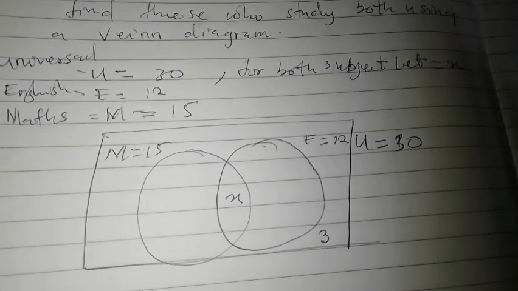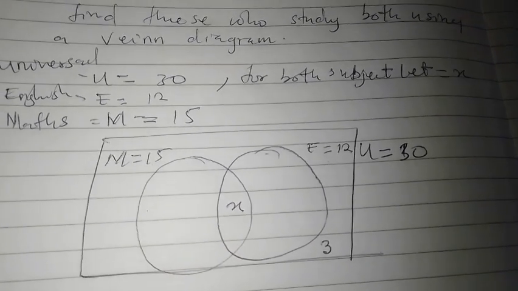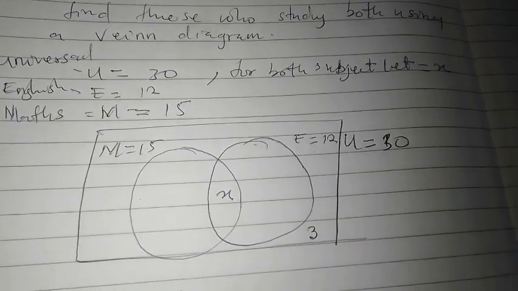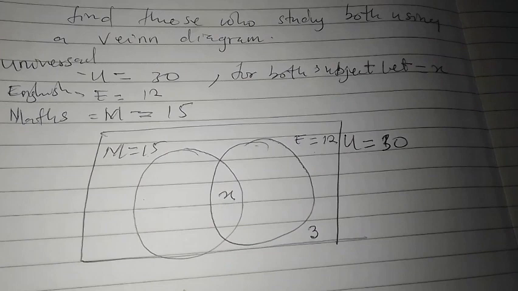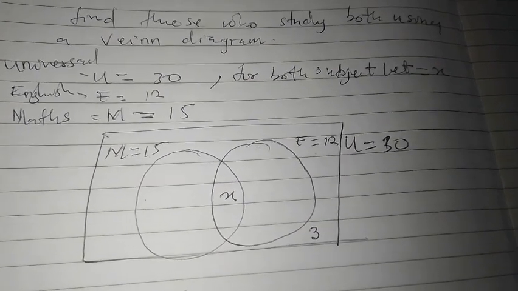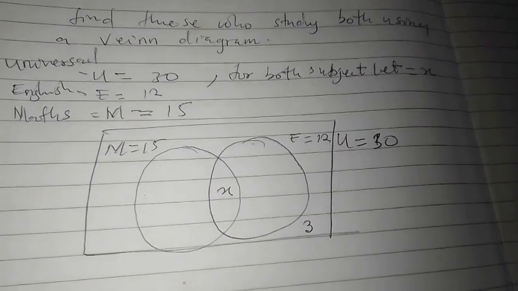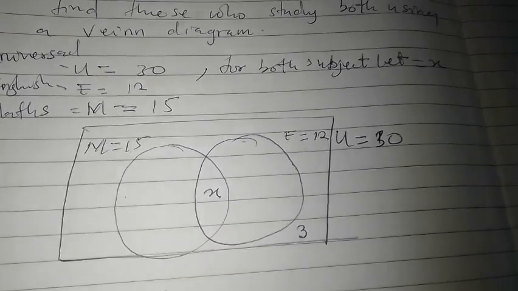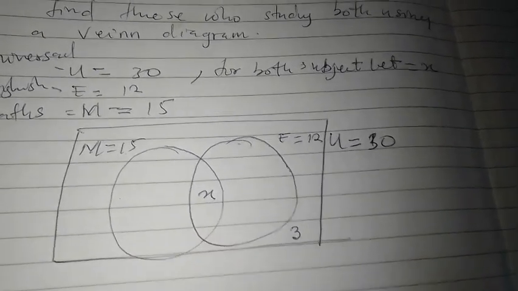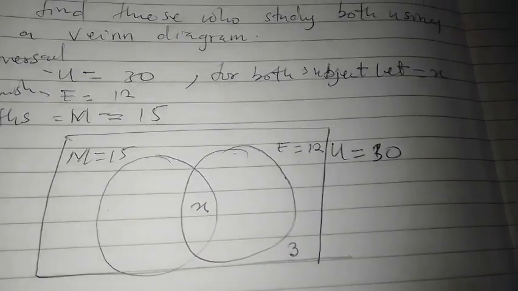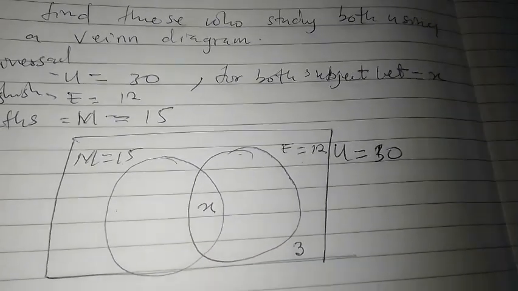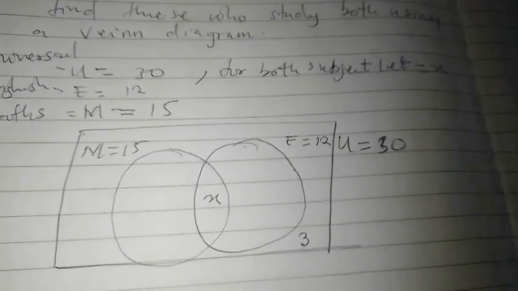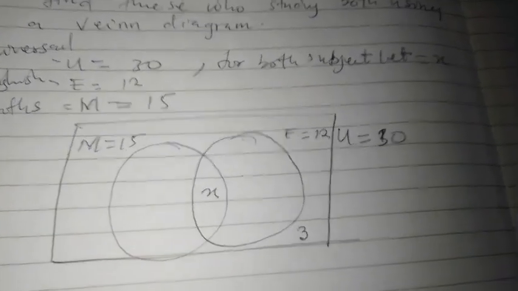Maybe you have an amount of money, let's say $30, and you are into business, and a portion of money is missing. You can use a Venn diagram to do something like that. And in a class, you may want to find out those who participated in a program or a project, and you can also use it for that.